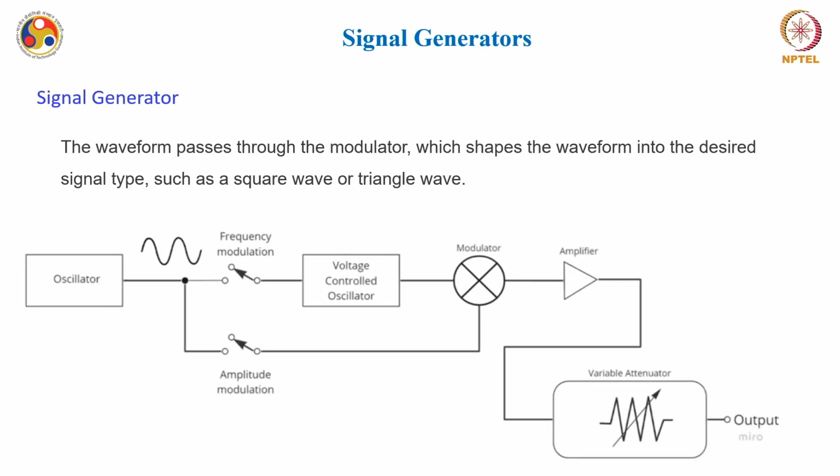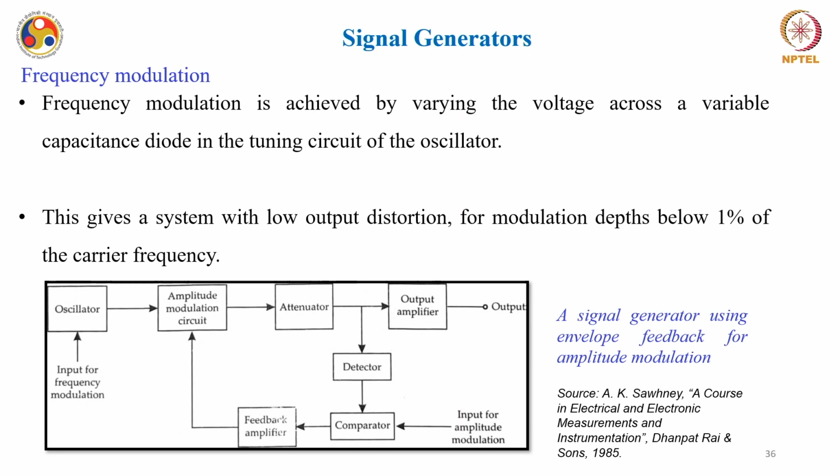Now, recalling the signal generator, we have just discussed one part of the signal generator, that is the oscillator. The waveform passes through different modulators which shape the waveform into the desired signal type. For example, it can make it a square wave or triangular wave, depending on the carrier signal as well as the message signal.